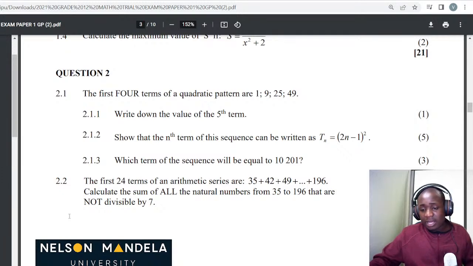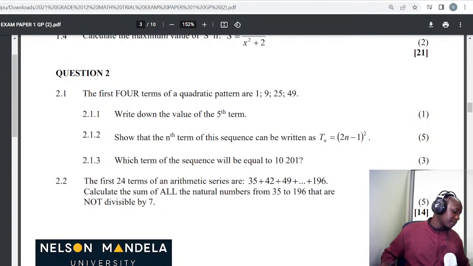That is where we find a tricky situation now, guys. Bear in mind that we are given numbers which are multiples of 7, but now we should calculate the sum of all the natural numbers that are not divisible by 7. So how can we do that, guys?